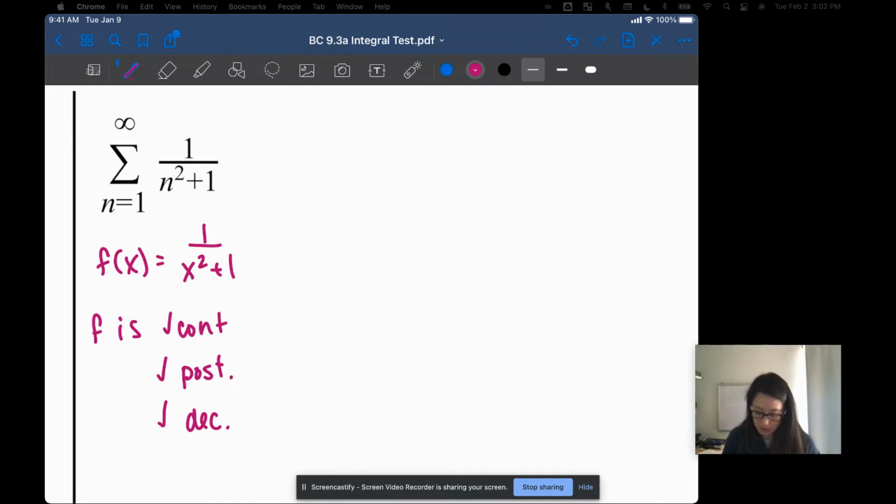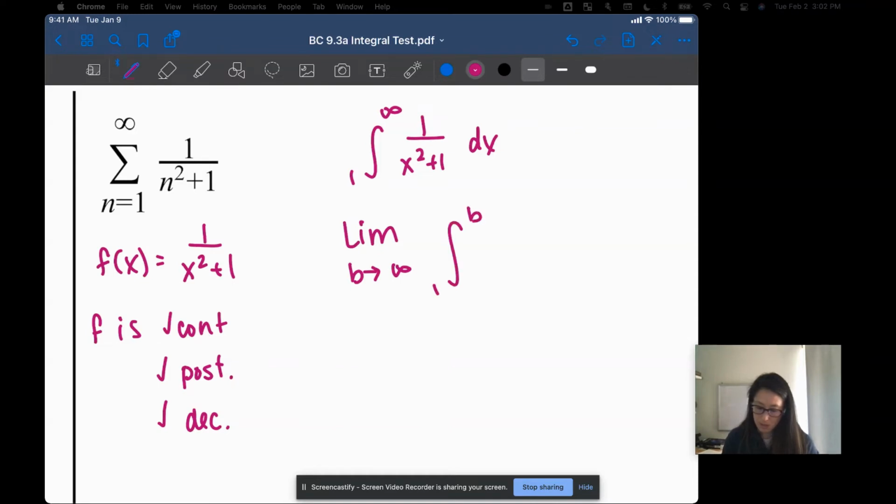So we can go ahead and set this up as the integral from 1 to infinity of 1 over x squared plus 1 dx. So the improper integral gives me the limit as b approaches infinity of the integral from 1 to b of 1 over x squared plus 1 dx. I immediately recognize this integral as the arctan.